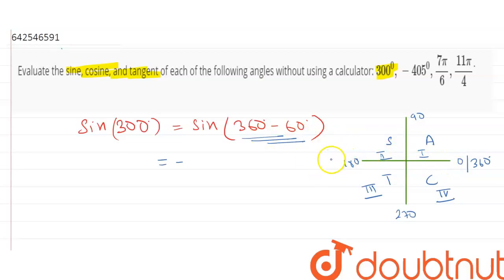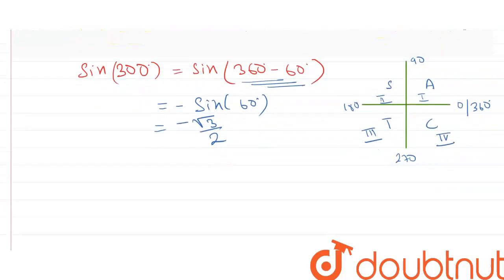Subtraction and addition from 360 or 180 results in no change in the trigonometric function. So sine will remain as it is, minus sine 60 degree. And you all know the value of sine 60 degree, so the value is minus root 3 by 2.